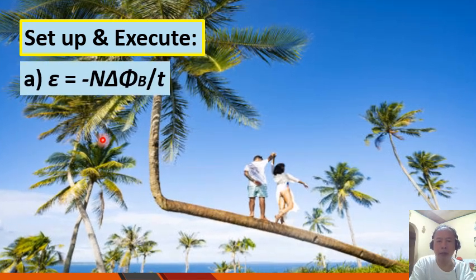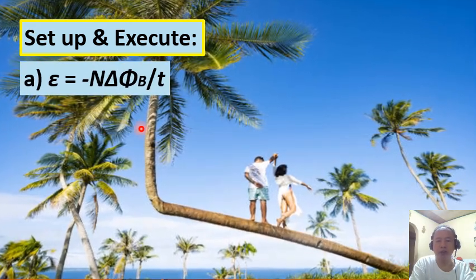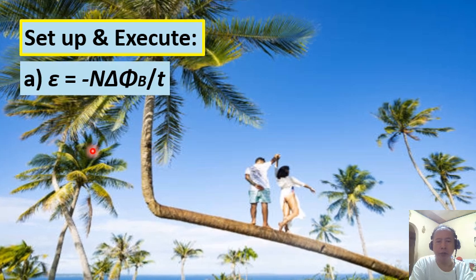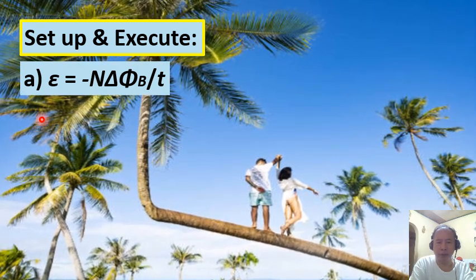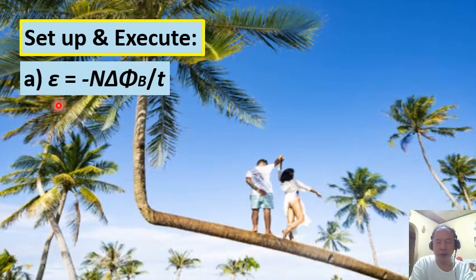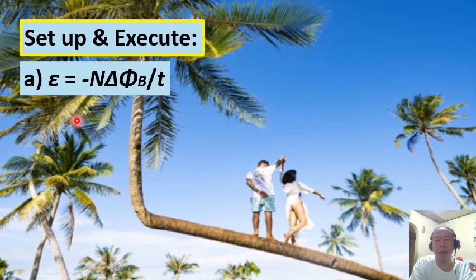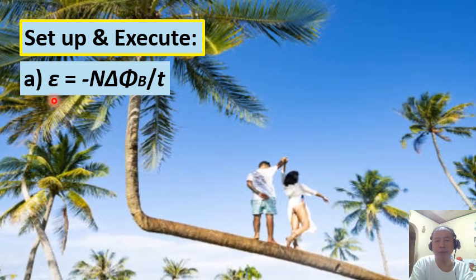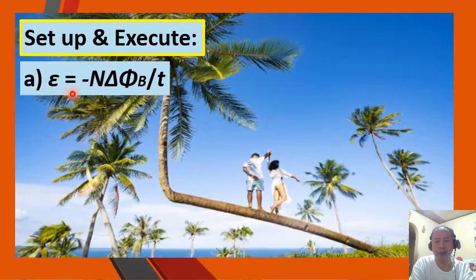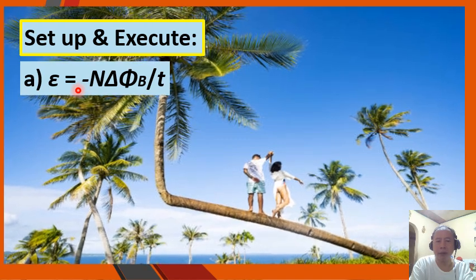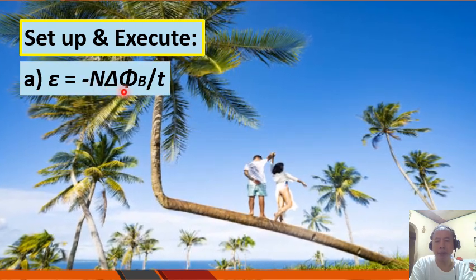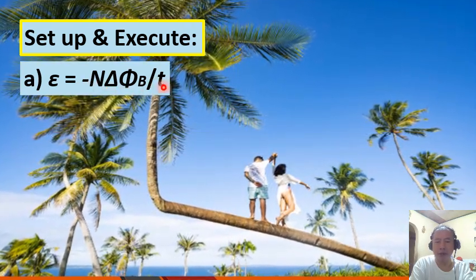Finally, we now have the computations for our two main questions. In part A, determining the magnitude of the induced EMF, epsilon. That is just equal to negative capital N multiplied by delta phi sub B over delta t.